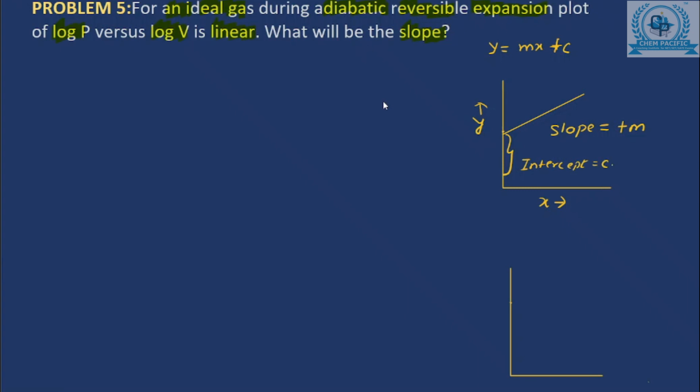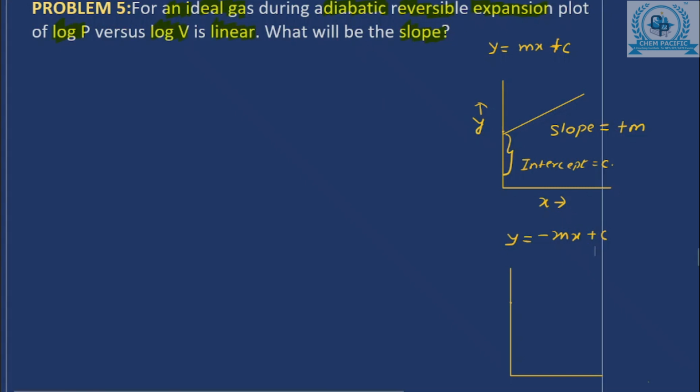And whenever there is one more equation, this is y is equal to minus mx plus c. So whenever it is y is equal to minus mx plus c, the slope will go downwards.